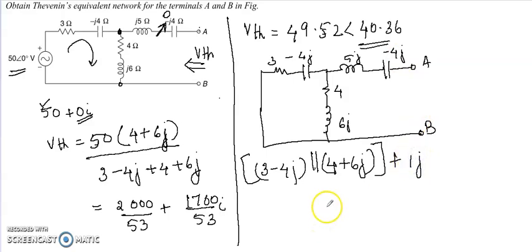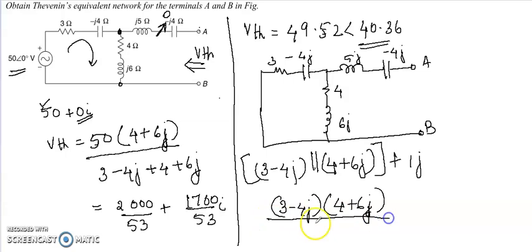So we will get it as 3 minus 4j times 4 plus 6j divided by 3 minus 4j plus 4 plus 6j, whole plus j, 1j.